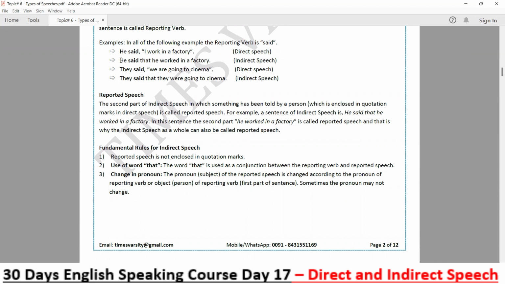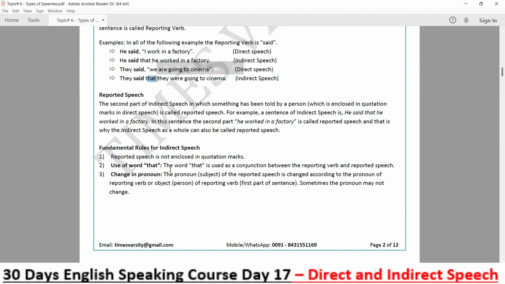That's why in all indirect speech, you don't see any quotation marks. Use of the word that. The word that is used as a conjunction between the reporting verb and reporting speech. So you can see here, in all indirect speech, we can see the word that.